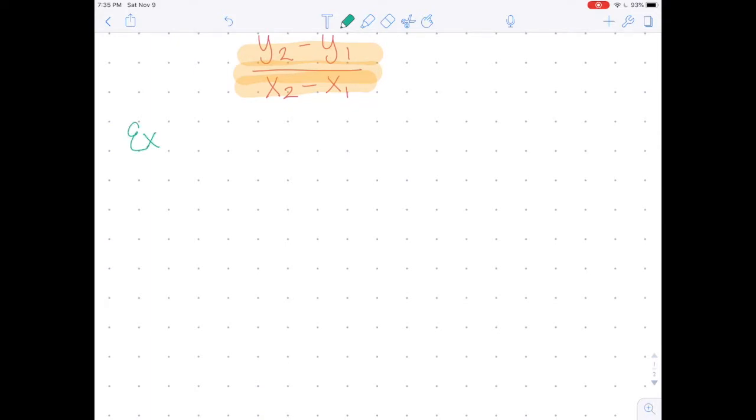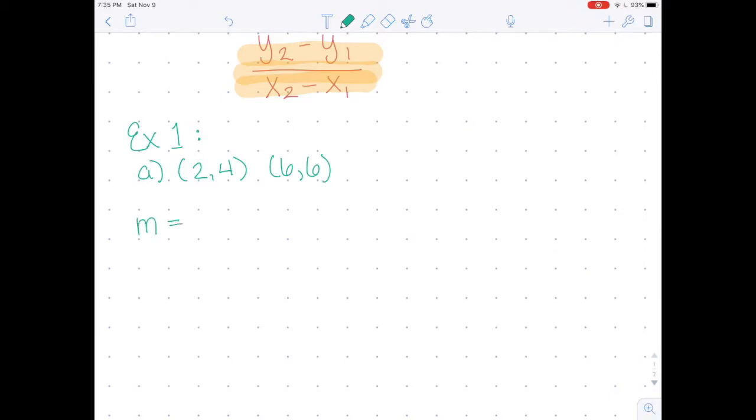Example 1 in the book says determining the slope from 2 points. So this is like when they just give you two ordered pairs. So part A, the pairs are (2, 4) and (6, 6). Now remember, let's write down the slope formula.